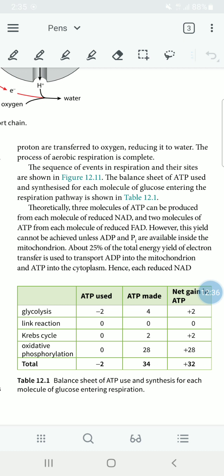Theoretically, one NAD gives 3 molecules of ATP. Next line, 1 FAD gives 2 molecules of ATP.